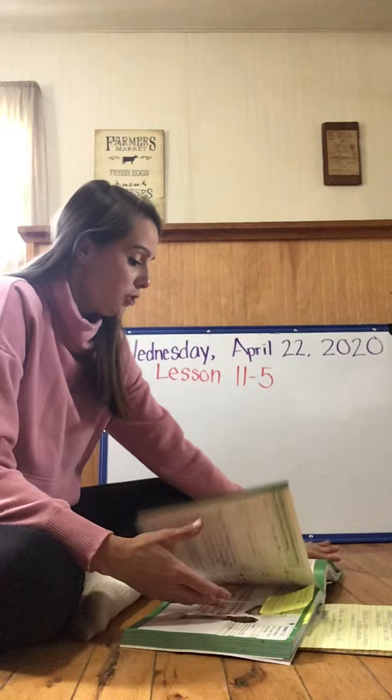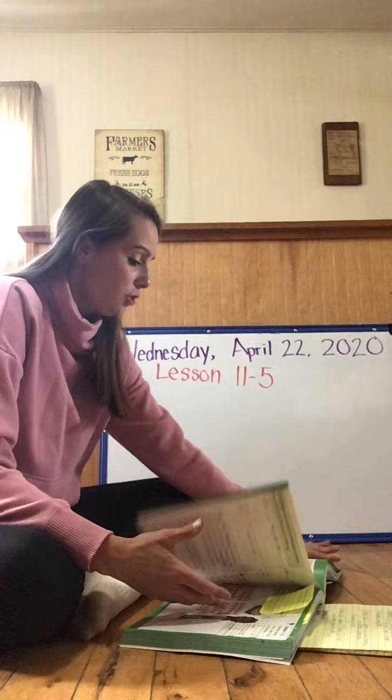Boys and girls. Okay, so for Wednesday's math lesson, we left off on lesson 11-2, and that was using our 100s chart to subtract our 10s. When we just went up in our 100s chart, we knew that was 10 less, and we found our answer.